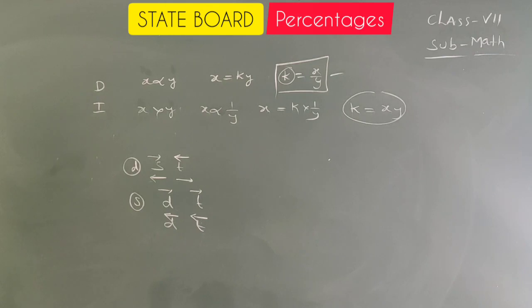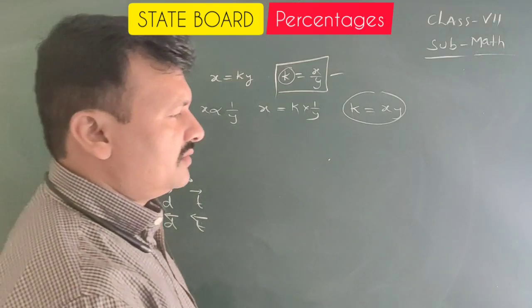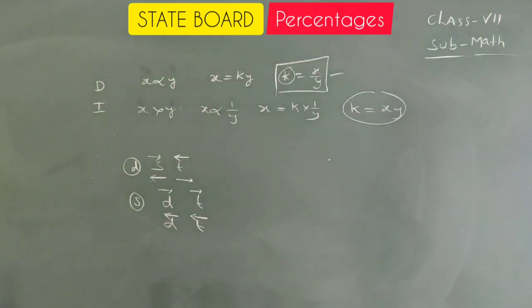Now the relation between distance, time and speed: when distance remains constant, speed increases and time decreases. By walking, by cycling, by car, by bus: by walking it will take more time, and by using a car it will take less.